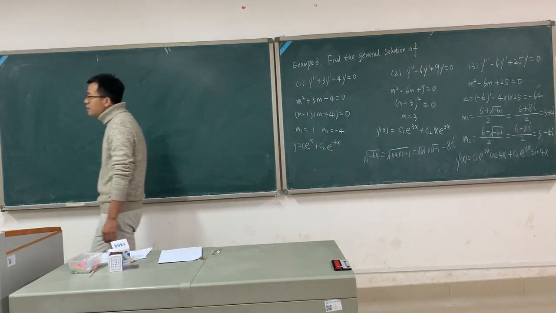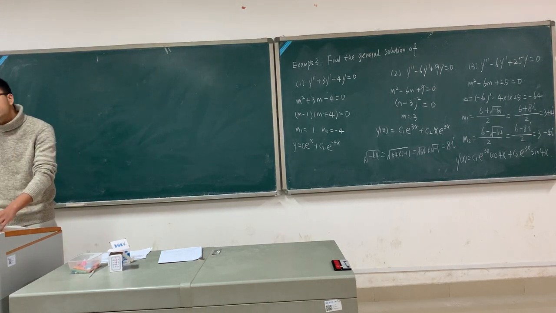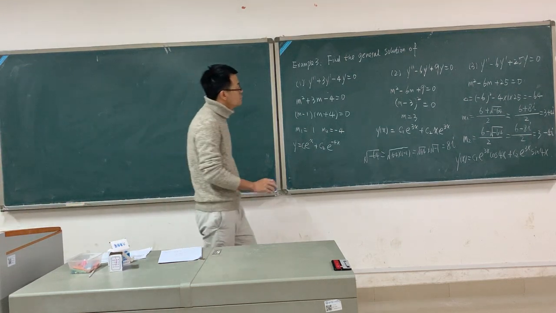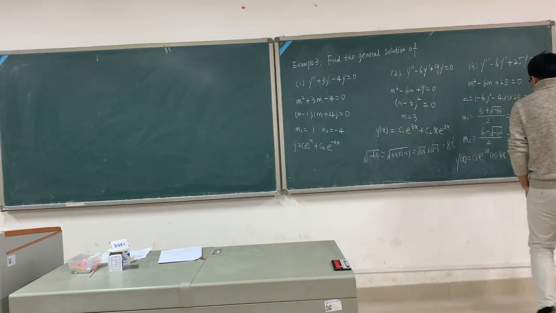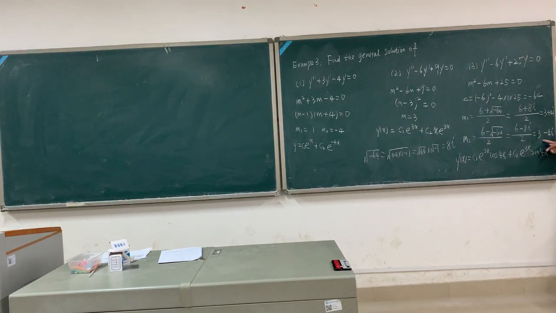So this is the end of chapter 9. Okay? And now I tell you. Why is it plus 6? There should be minus 6. 6 by 2 is 3. Why is there the plus 6?